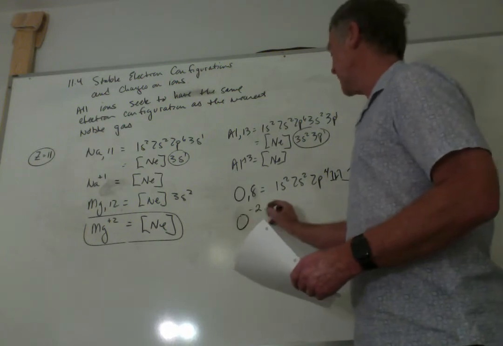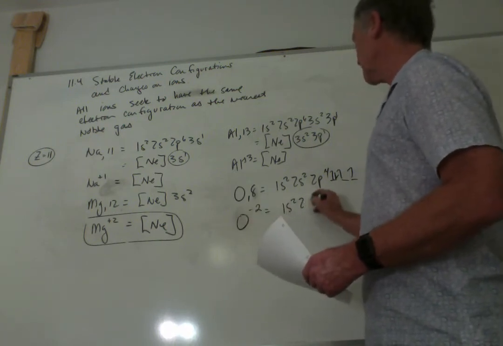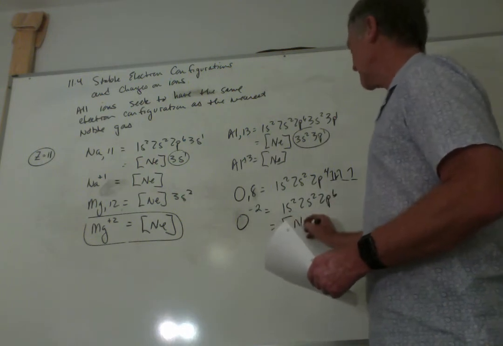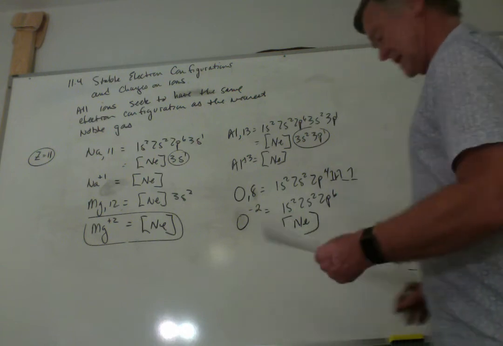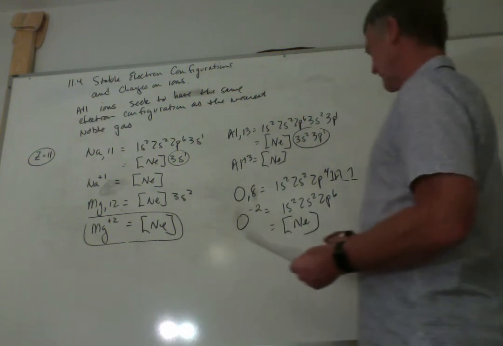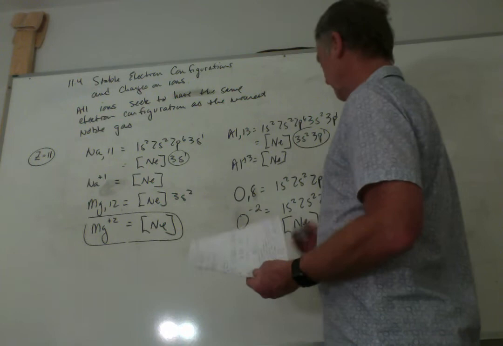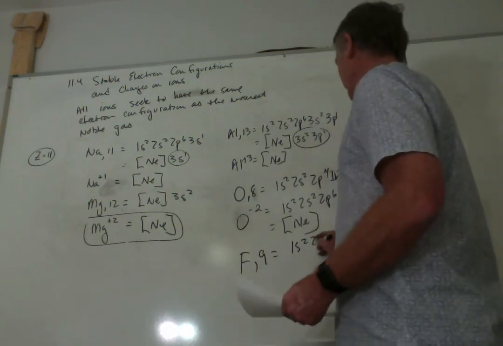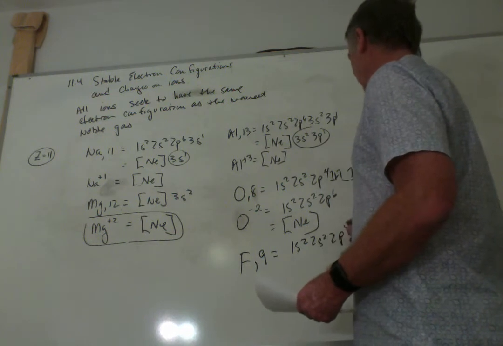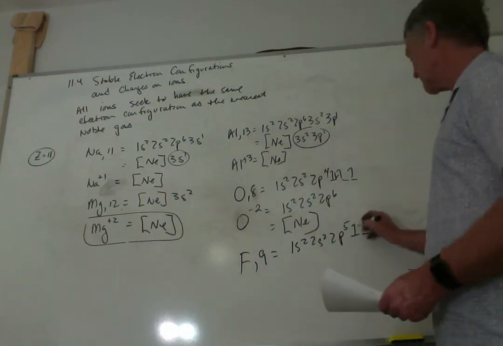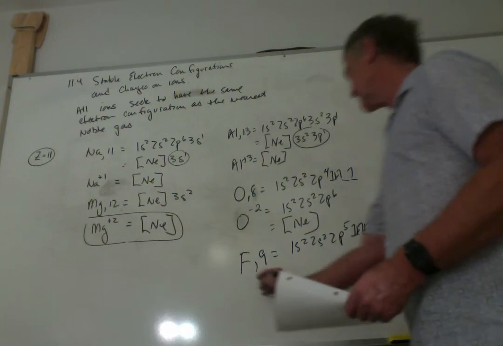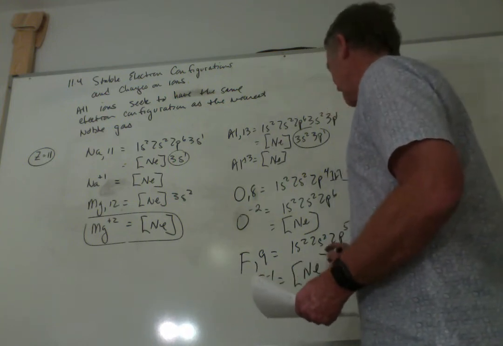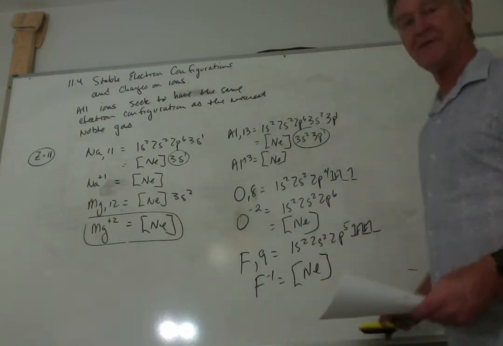It becomes O minus 2, which is 1s2, 2s2, 2p6, which is the same as neon. And then I could do the same thing with fluorine. Fluorine has 9, 1s2, 2s2, 2p5. It wants 1 more electron, and so it becomes F with a minus 1, and it basically has neon. Now I've done neon on all of these, but I wouldn't have needed to.